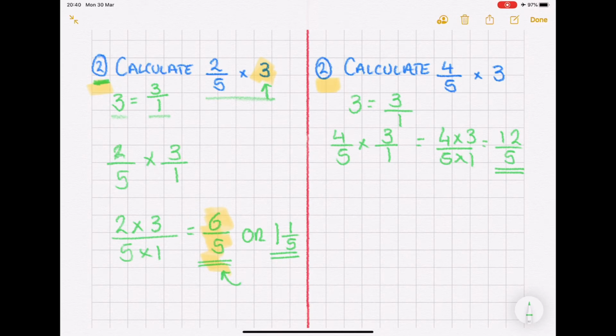That's our final answer. You may have written that as 2 and 2/5, which is perfectly acceptable. If you've got either of those answers, give yourself a couple of ticks to that.